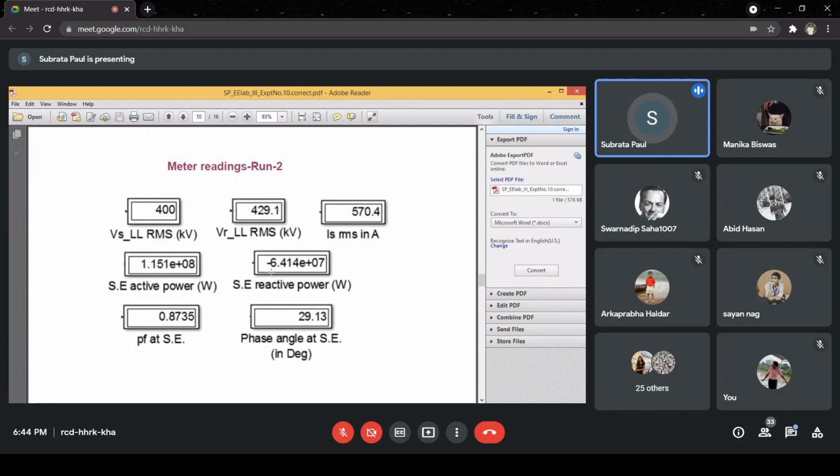Sending end reactive power: the interesting point to note is that the sending end reactive power here is minus.